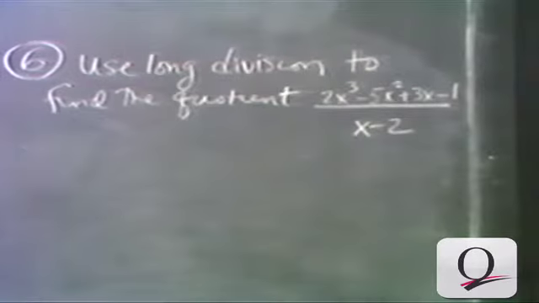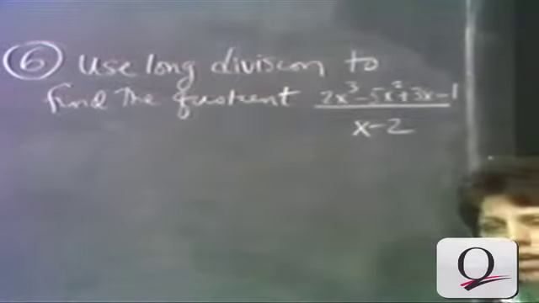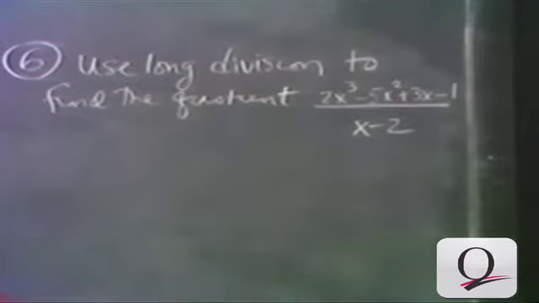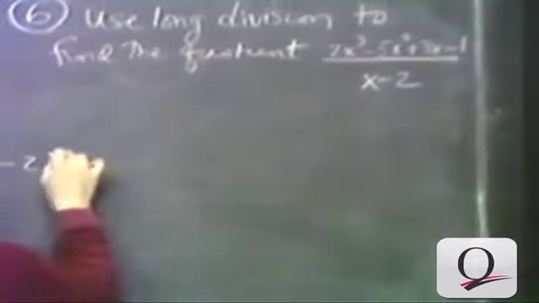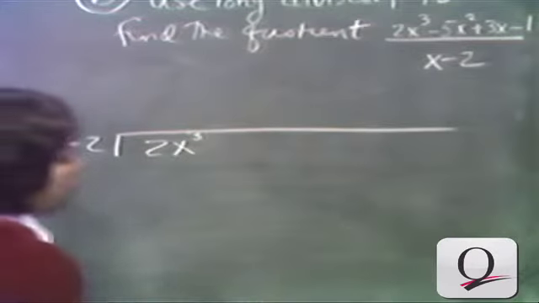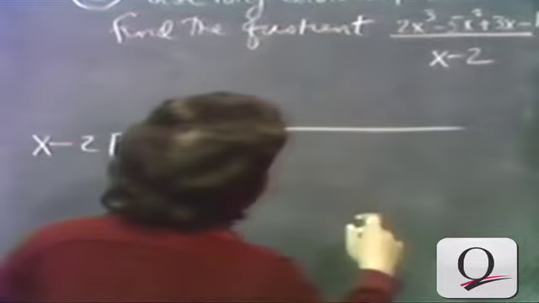Furthermore, if any of the terms were missing, I would want to put placeholders in. This example we have third, second, first, and 0 degree. In the next example, I'll show you what I mean by adding in the missing terms. Okay, x − 2 to be divided into a polynomial which has been arranged according to descending order of the degrees of the term.